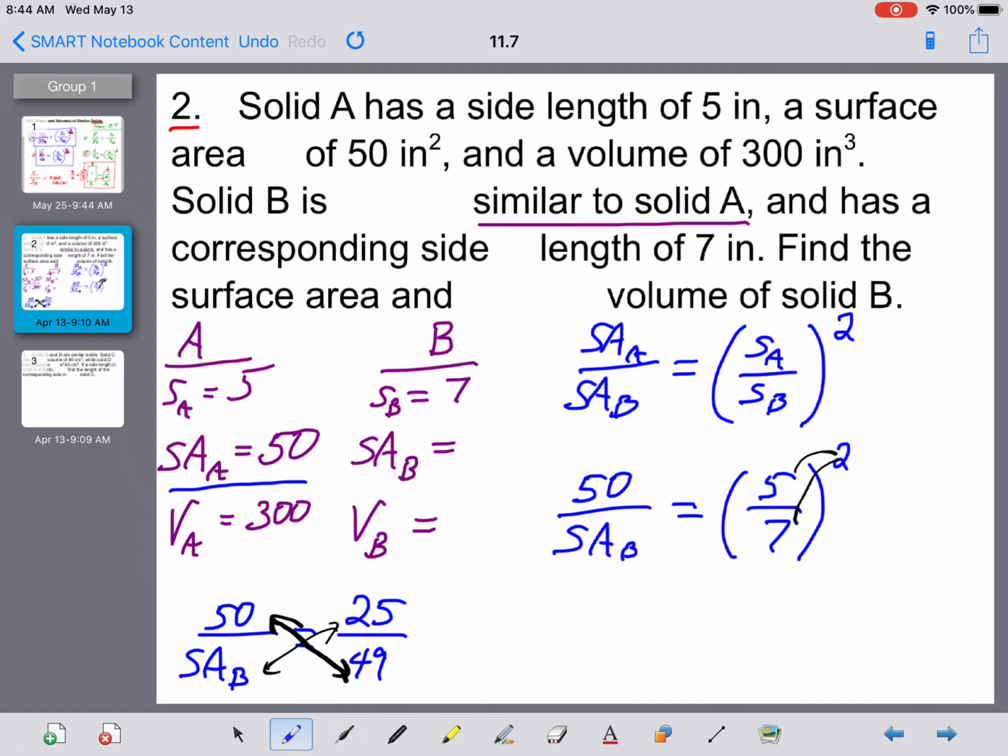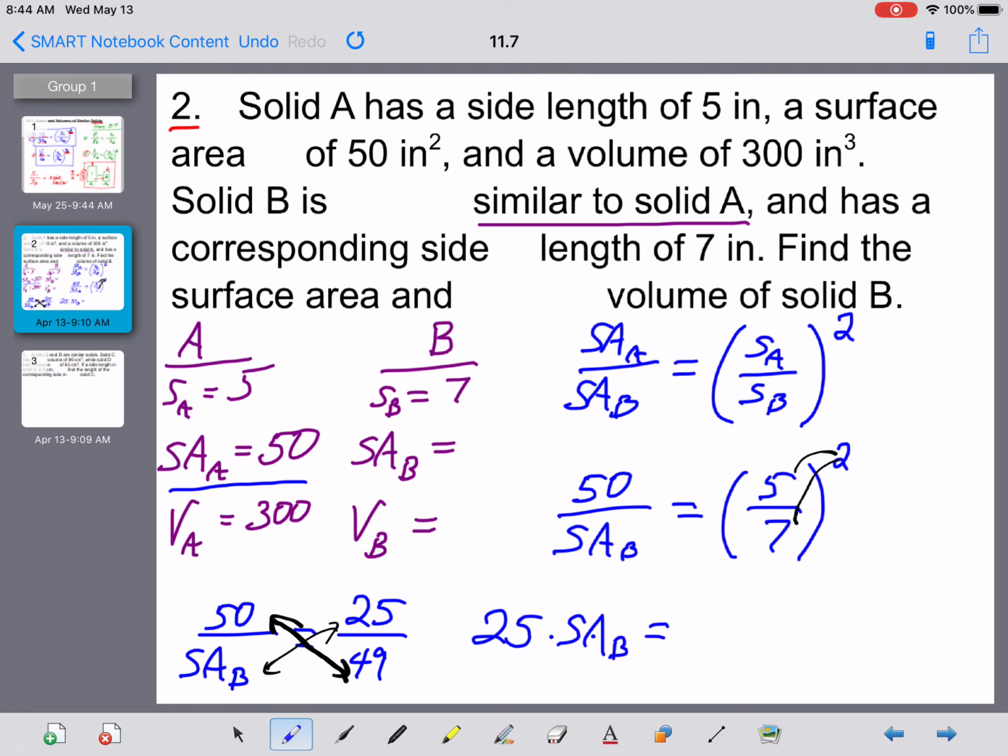So we're going to get 25 multiplied by the surface area of figure B, and that's going to equal 50 times 49. Let's see, 50 squared would be 2,500, so I think, oh hey, I have my calculator right here. How about that? So just to make sure, 50 times 49 is going to be 2450.